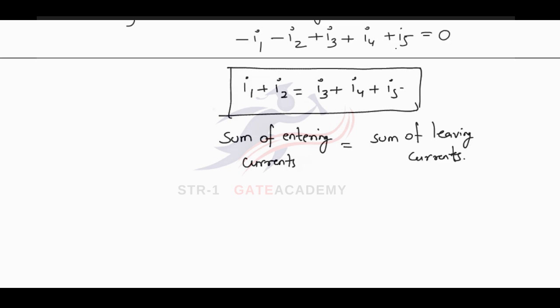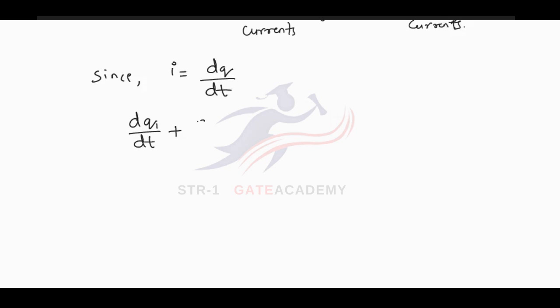Now you know that I is equal to dq by dt. So if I substitute I is equal to dq by dt in the above equation, I'll get dq1 by dt plus dq2 by dt is equal to dq3 by dt plus dq4 by dt plus dq5 by dt, because we are at the same time, so therefore time will not change.